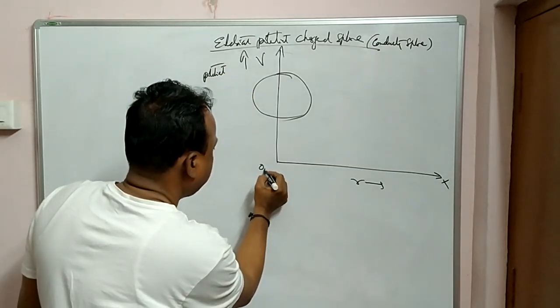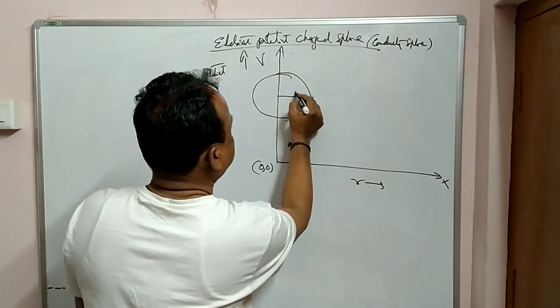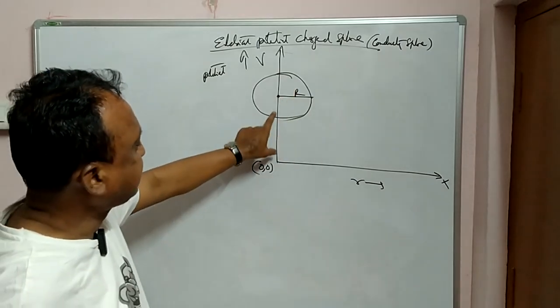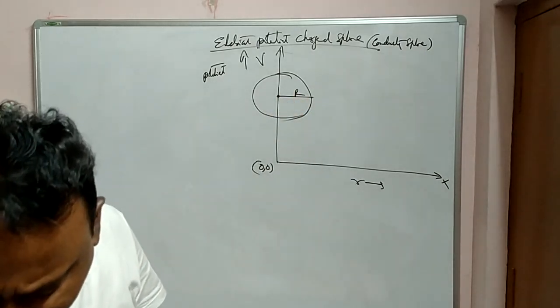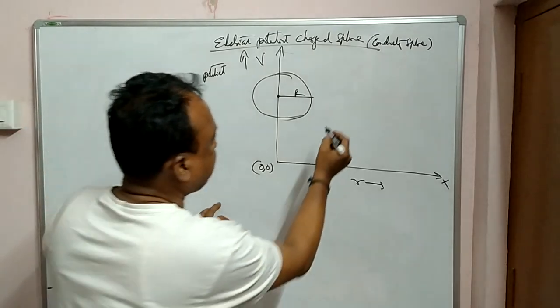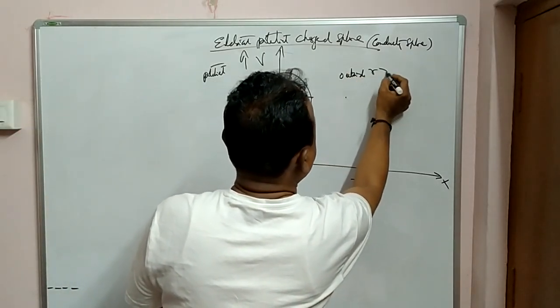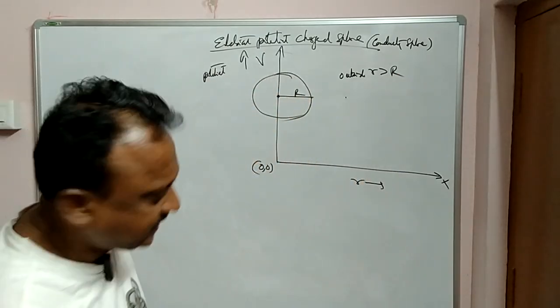This is the origin, 0, 0. This is the radius, the surface radius. This is the center. Now, I just told you potential is the same for the surface and inside. It only changes for outside, somewhere over here, where r is greater than capital R. In such a case, what happens?